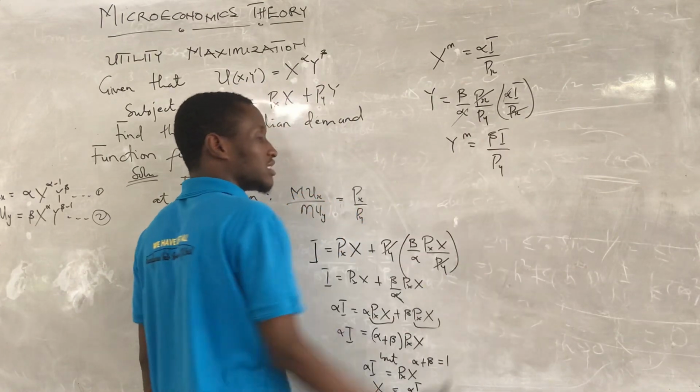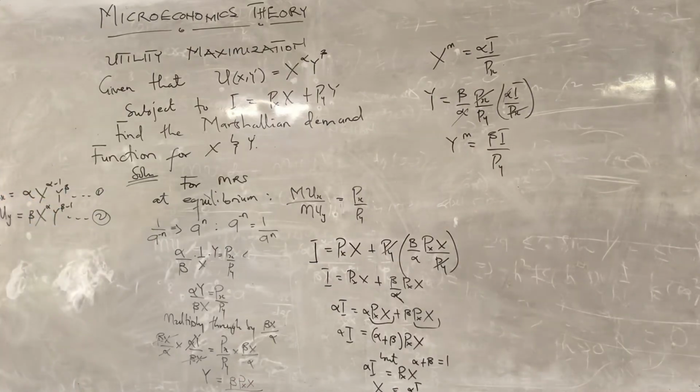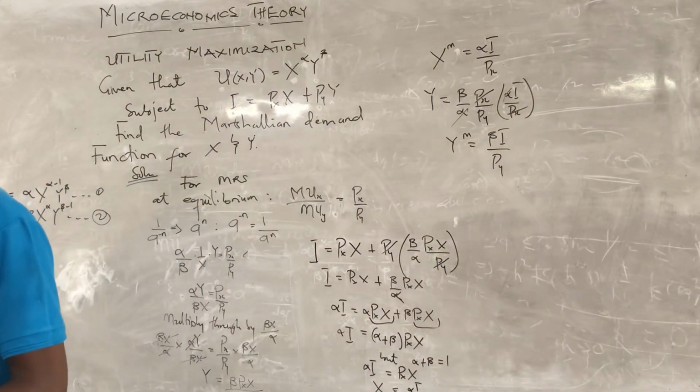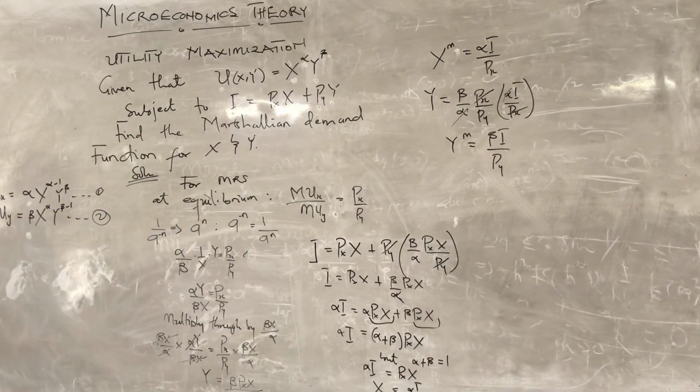So that is the Marshallian demand function for y. So we have used the MRS approach to find the Marshallian demand function for commodity x and for commodity y. So the next one will be the Lagrangian approach.